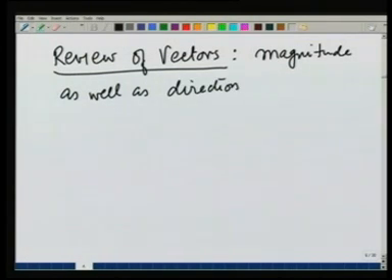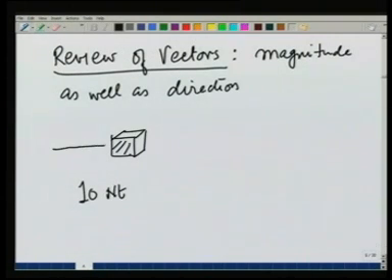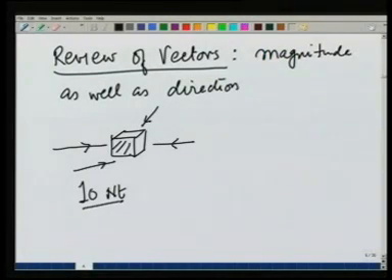For example, if somebody tells you that I am pushing a box by a force of 10 newtons, it does not convey the full meaning until I say that I am pushing it to the right, to the left, in this direction or in this direction. Until a direction is specified, the complete description is not there. So, to specify a force, I need both its magnitude as well as its direction.